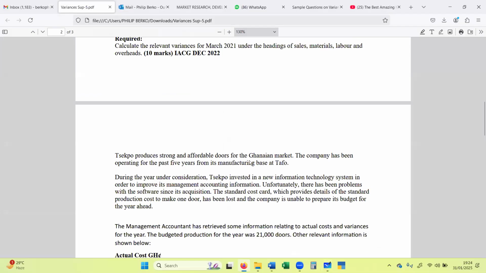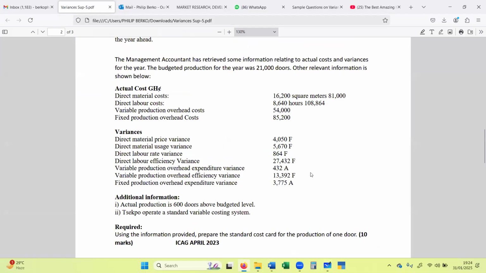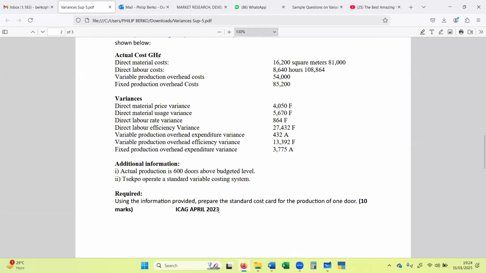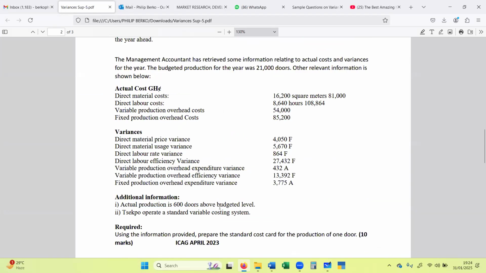And then the next one looks like the Pascal April 2023. It's just like what we did last. Was that yesterday or on Wednesday? So you can go and try it.